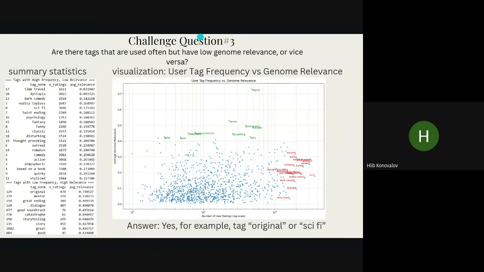And yes, there are. As you can see, first of all, original is very, very relevant, but still it's not really popular among users. And here you can also see sci-fi one more time. It's very popular, but very irrelevant.